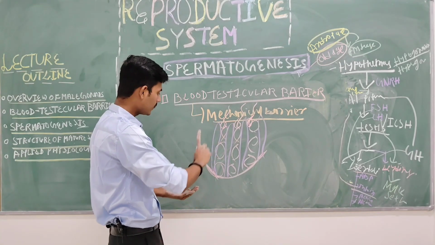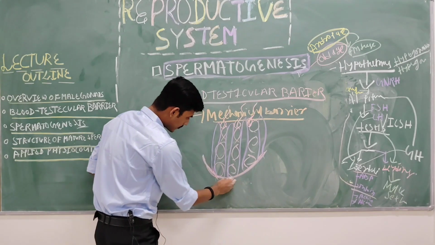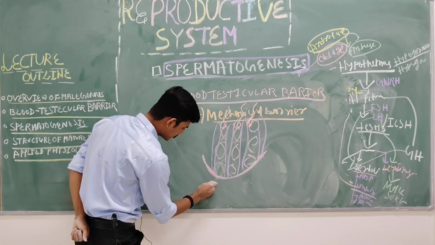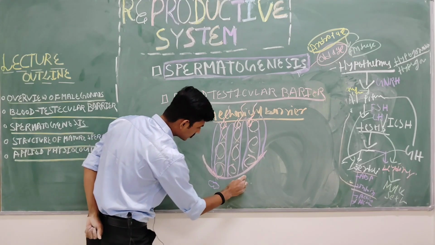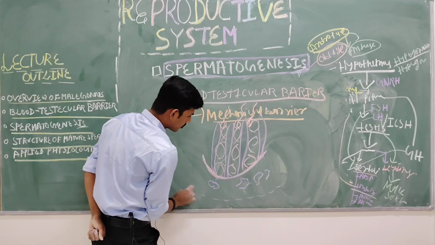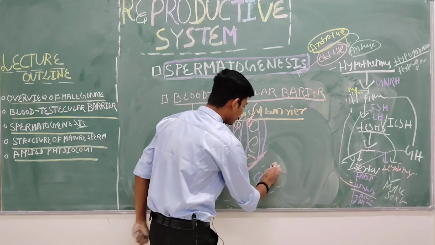Recalling this now, see here, as I said, there are some Leydig cells, isn't it? Now, what is happening? There is also one more cell called the myoid cell.